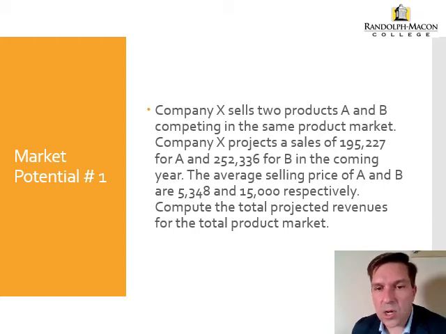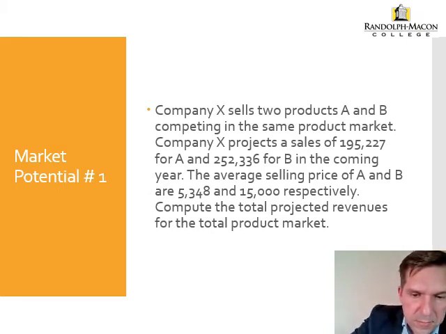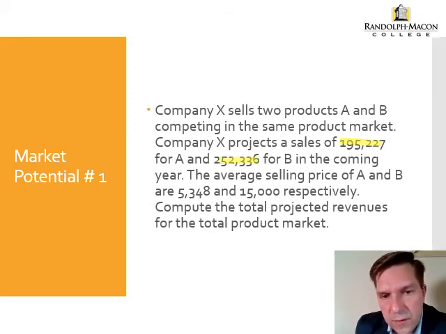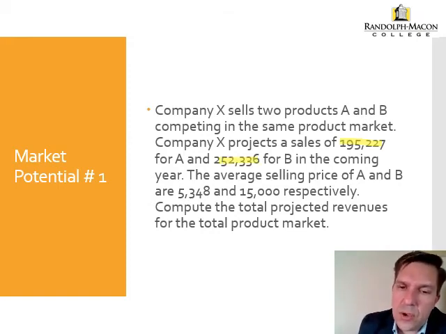So let's say a certain company has two products, A and B, and both of them are competing in the same market, right? And let's just say that we have projections for sales for each of the products. Here you have the two of them. So you have numbers that are maybe a little bit more realistic, 195,000 plus units for product A and 252,000 units sold for product B. And the average selling price, why do I say average?